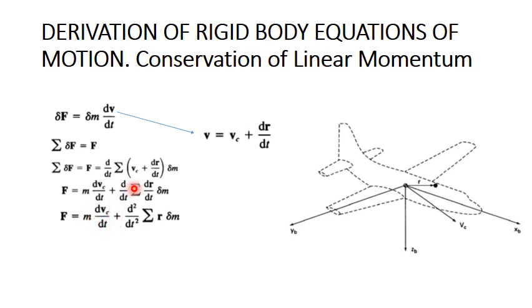The second term becomes d square by dt square for the summation of r delta m. If we remember, this is the definition of the center of gravity, center of mass of the airplane. So the summation of r delta m is equal to 0.